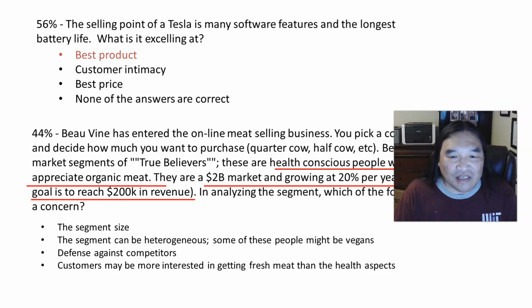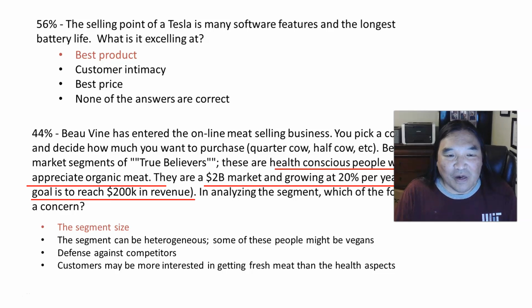Customers may be more interested in getting fresh meat than the health aspects. I don't know, maybe. And so what it comes down to is the thing that's not a concern is the segment size. And that you can definitively say is not an issue.